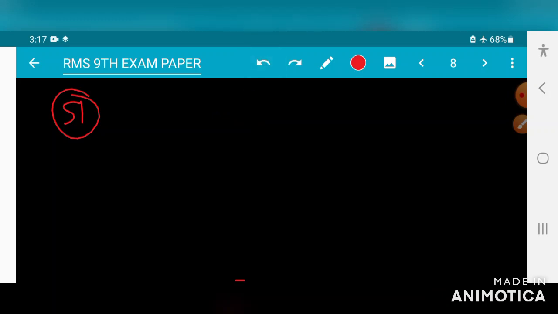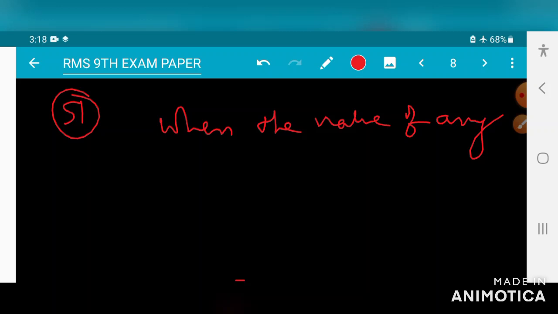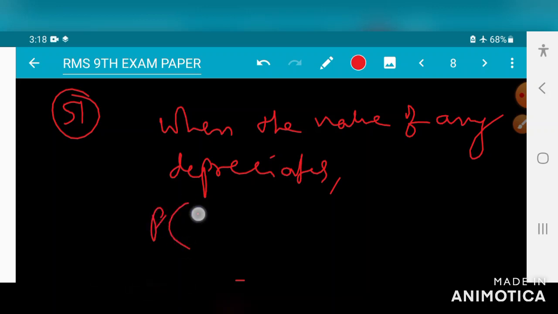When the value of anything depreciates, the formula will be the principal, the original value, into 1 minus r upon 100, whole power n.